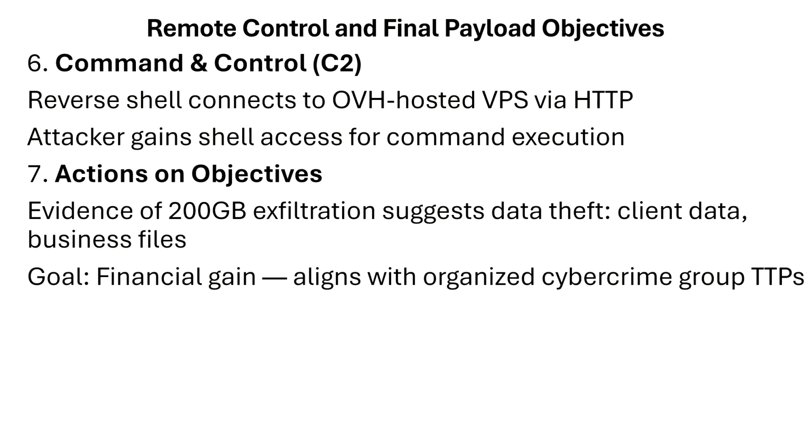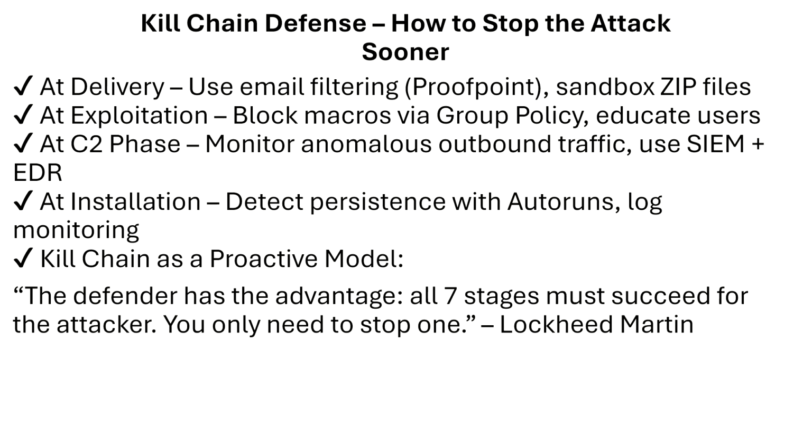This aligns with organized cyber criminal behavior. In the next slide, we will see how this attack could have been stopped sooner. The cyber kill chain model helps us identify these missed opportunities for defense.